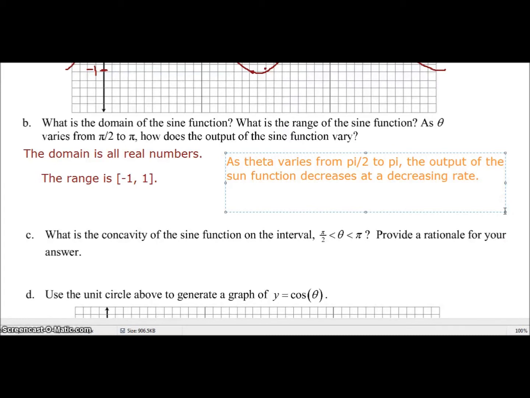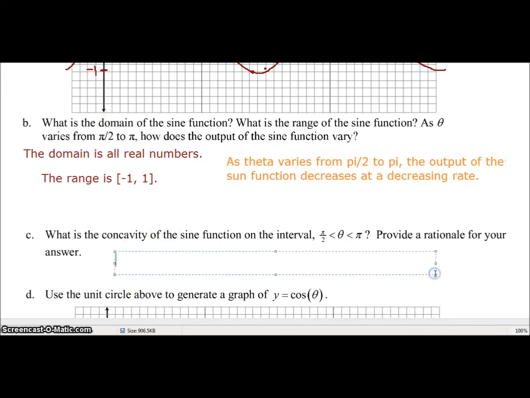We could also say that it decreases specifically from 1 to 0. That's not too important. It looks like we just answered question C. What is the concavity of the sine function on the interval pi over 2 to pi? Concave down.